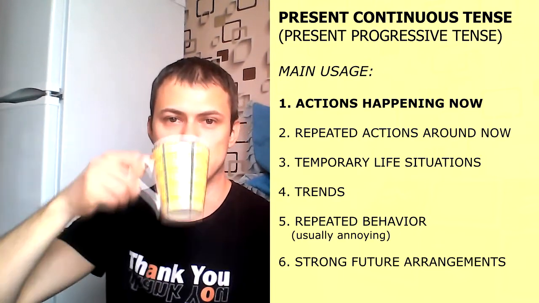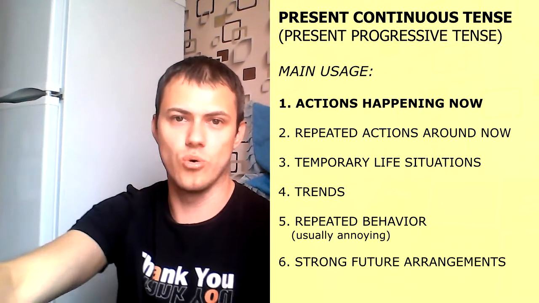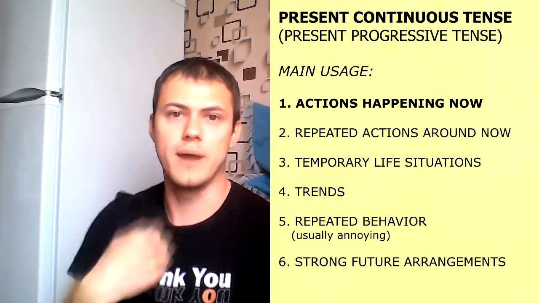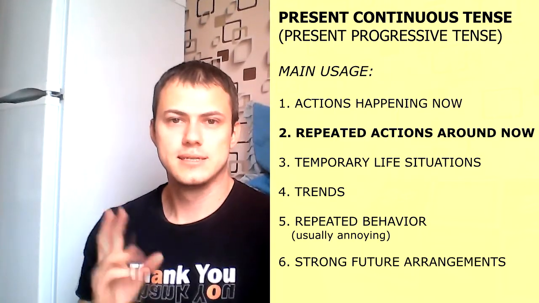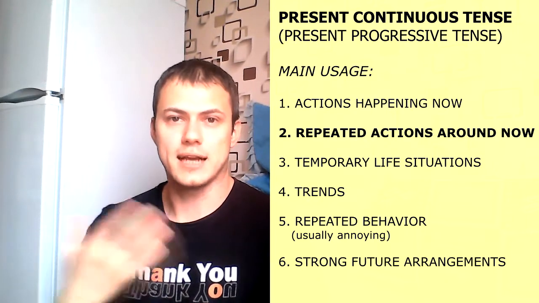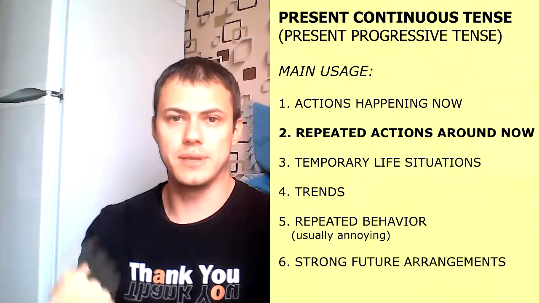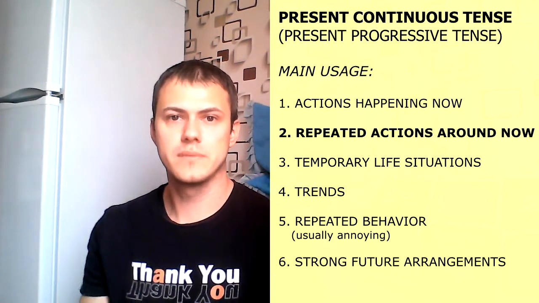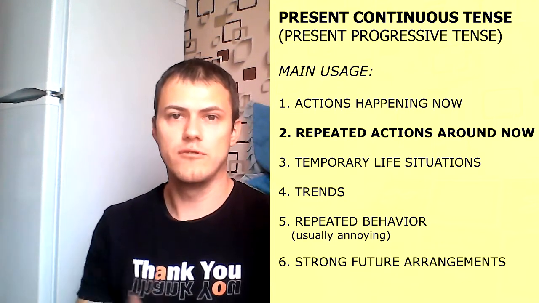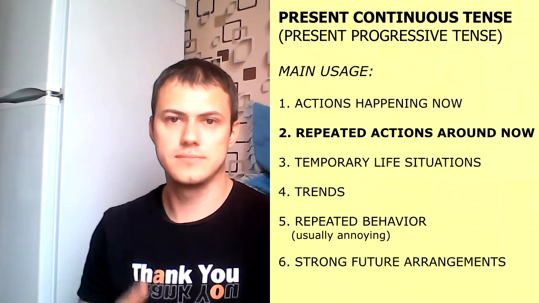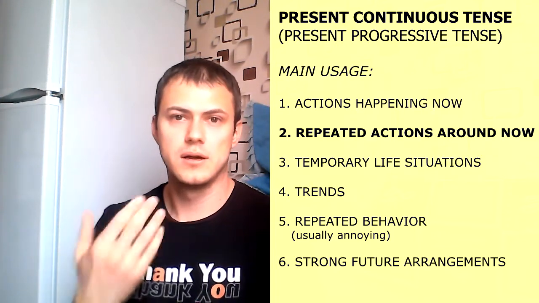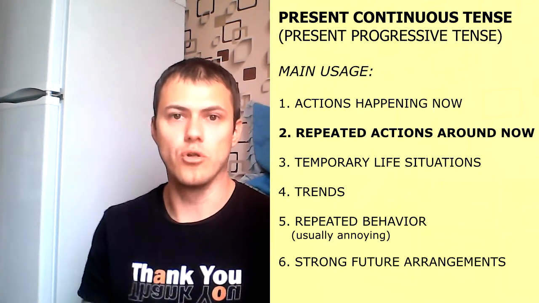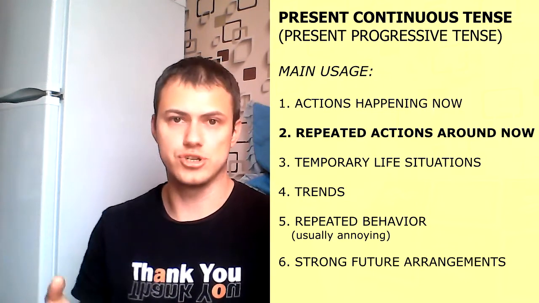I'm drinking tea, and so on. You are watching my video. Second, repeated actions that are happening around now for some continuous time. For example, he's writing his new book. She's working on her new project.